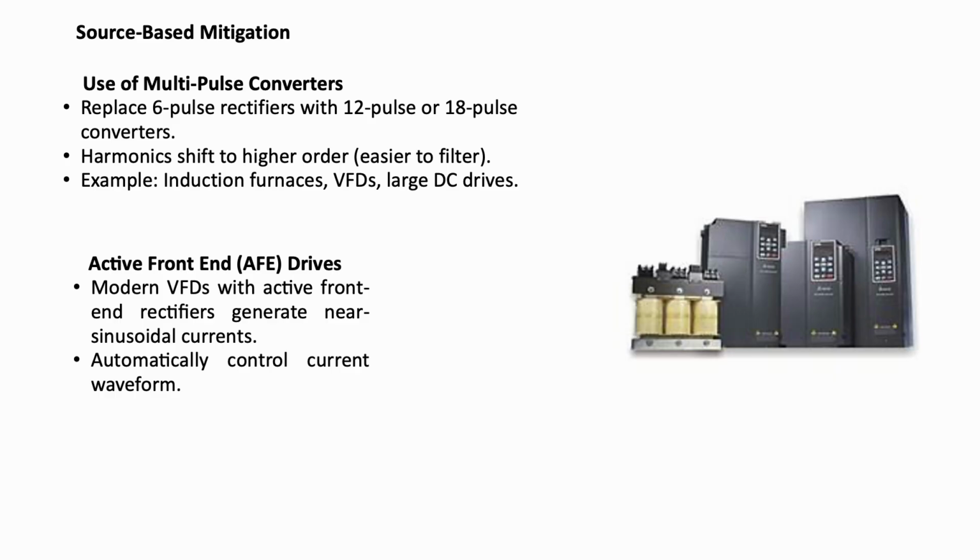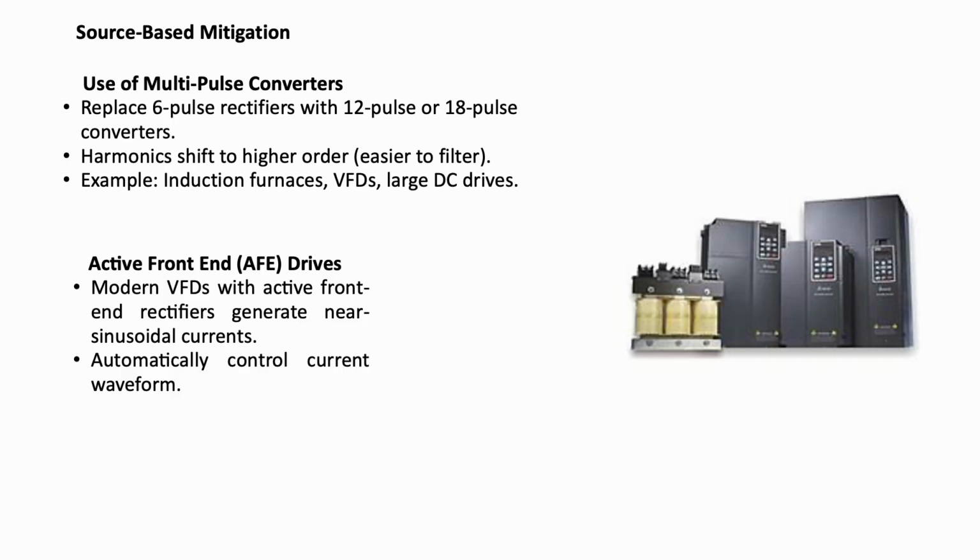And the last is power factor correction and design improvement. Sometimes harmonics can be reduced indirectly by improving system power factor and ensuring balanced loading. Proper cable sizing, grounding and separating sensitive circuits from non-linear loads also help minimize harmonic propagation.